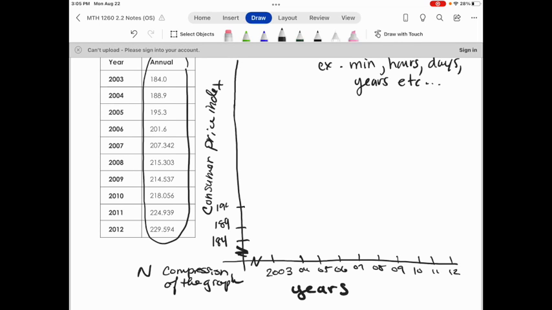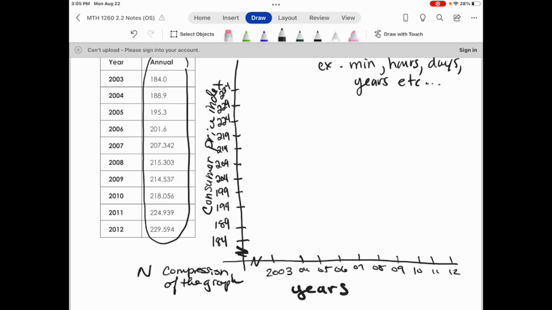So I'm going to keep adding 5 until we get up to where we need to be. Remember, you want these tick marks to represent the same value, otherwise you could have scaling issues and it could be misleading when someone reads the graph. Okay, whoops, that should be 234. Okay, so here are the scales.